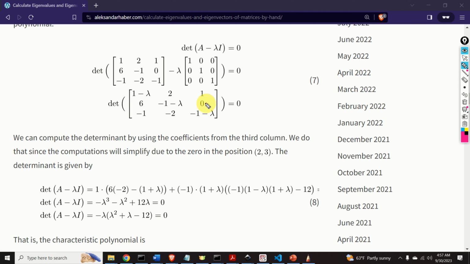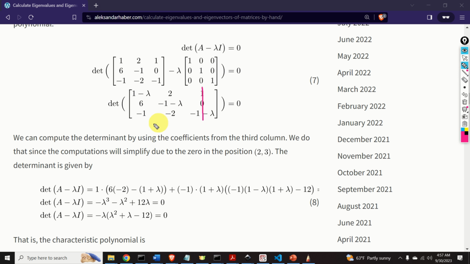Then, over here, we have 0, right? If we didn't have 0, we would have to multiply the entries of this submatrix to compute the corresponding term. However, since we have 0, the expression is 0. And finally, we have the third coefficient given over here.